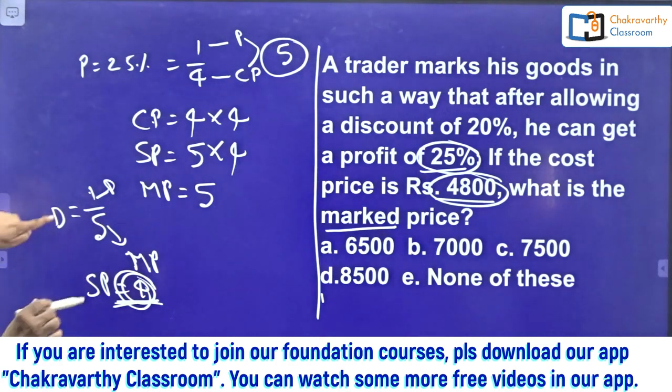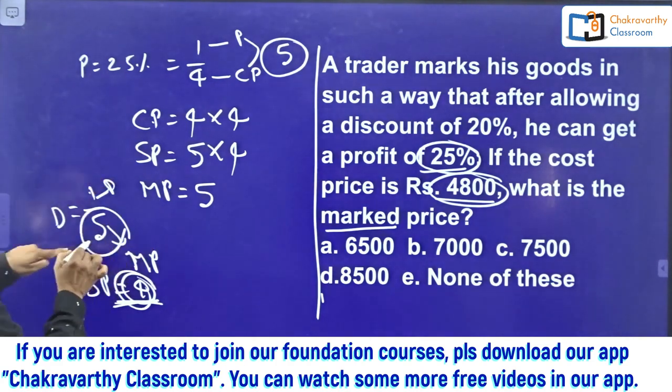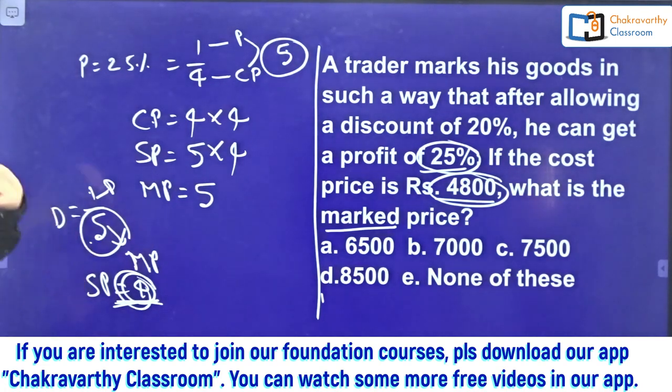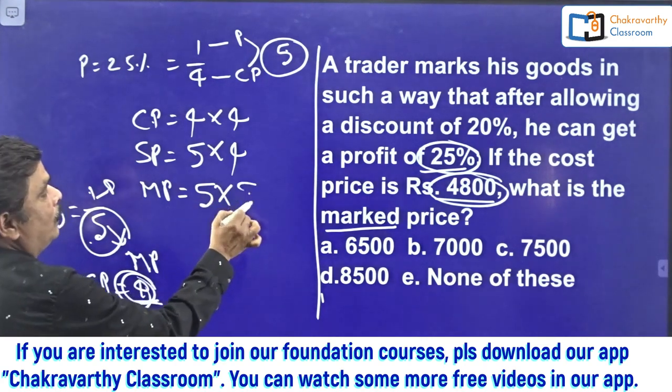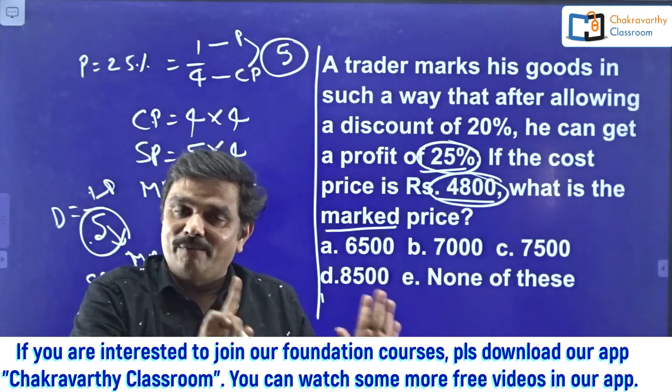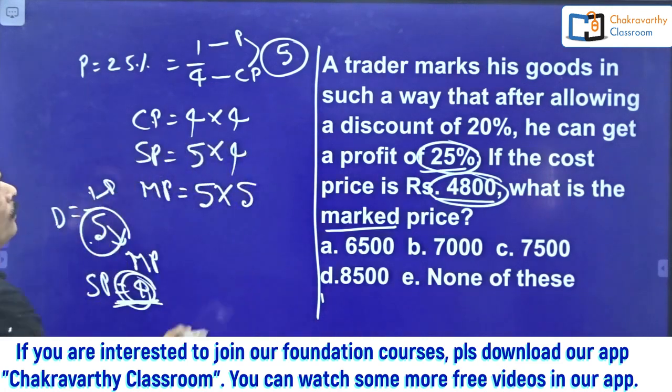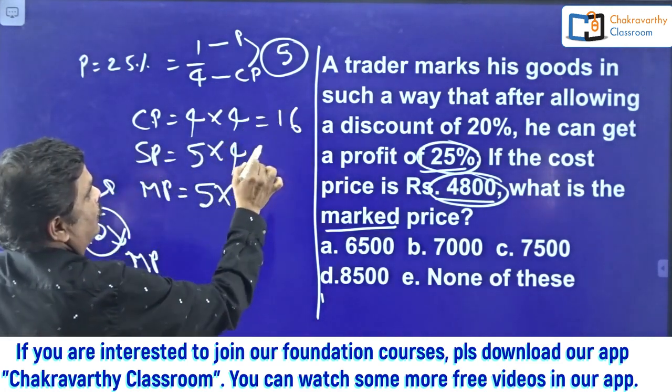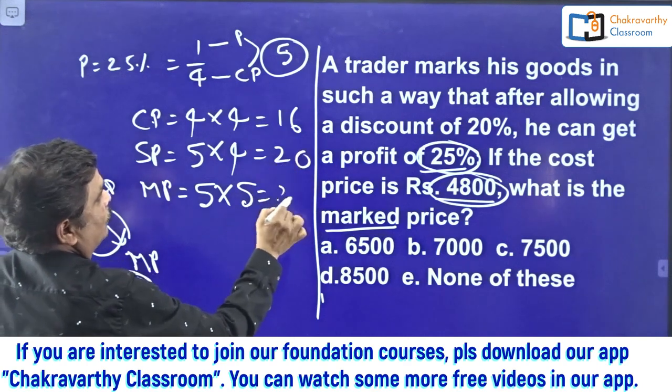Then this market price must be multiplied with the previous selling price, in terms of profit. So now here it is into 5. This shortcut is to avoid the fractions, that's it. Now simply go for this one. This is 16, this is 20 and this is 25.